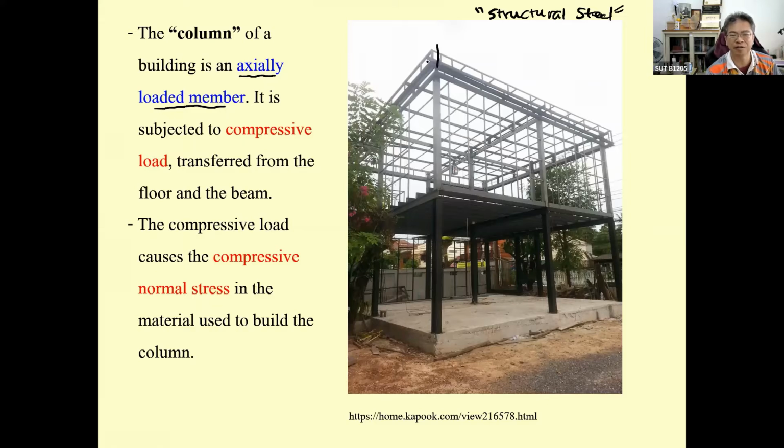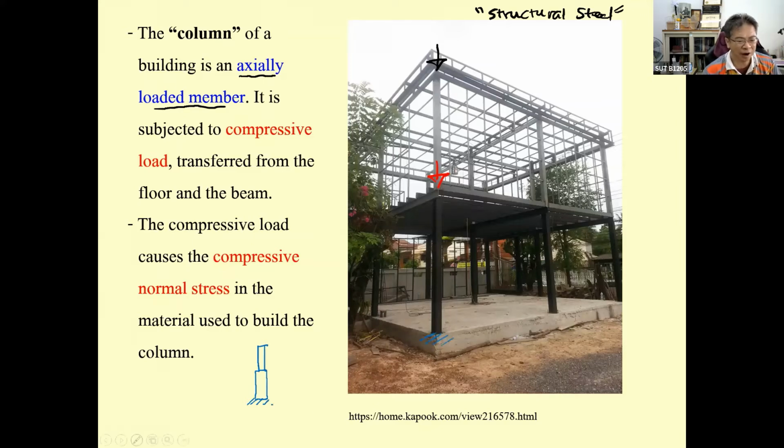Since the force transfers from the roof to this column, and also from the floor to this column, we may model this as a two-story column, as I showed you before, and this is going to be the foundation of the column.